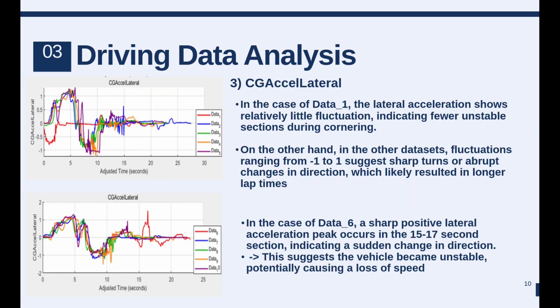Analyzing the CG acceleration, data 1 showed a relatively constant rate of acceleration with minimal fluctuation, indicating stable cornering during the turning section.